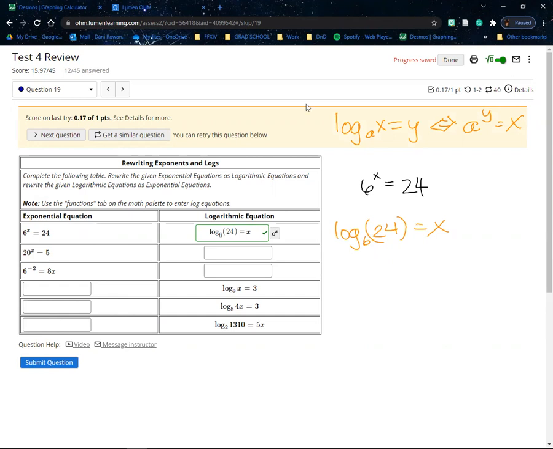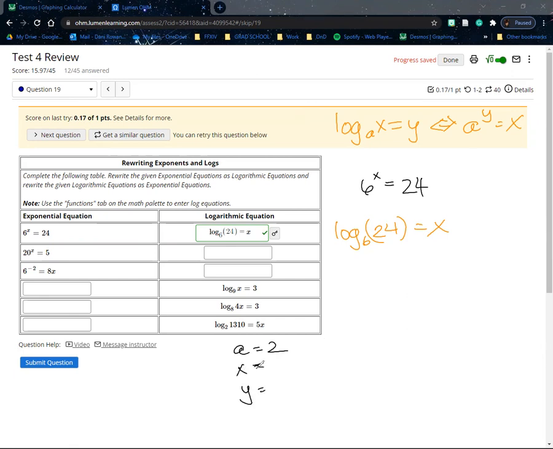And I'll do one of these other ones. If I have log base 2 of 13.10 equals 5x, what's our a? Log base 2, our a is 2. What's our x? 13.10.